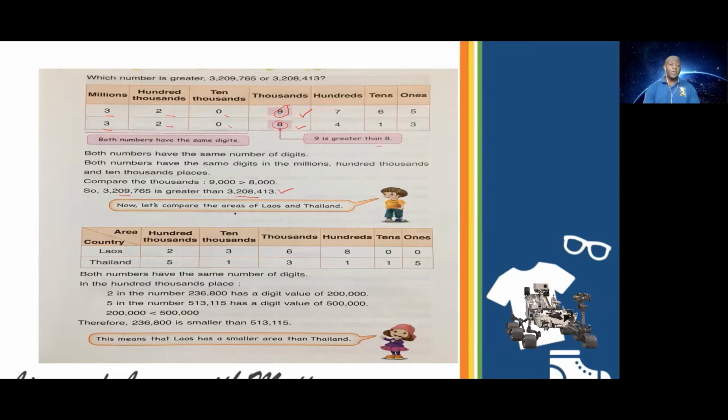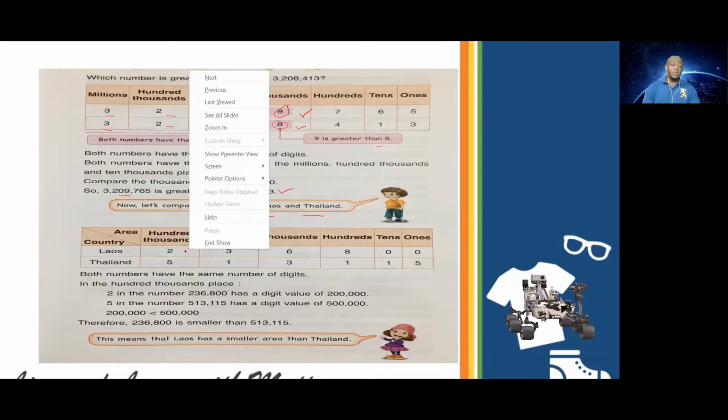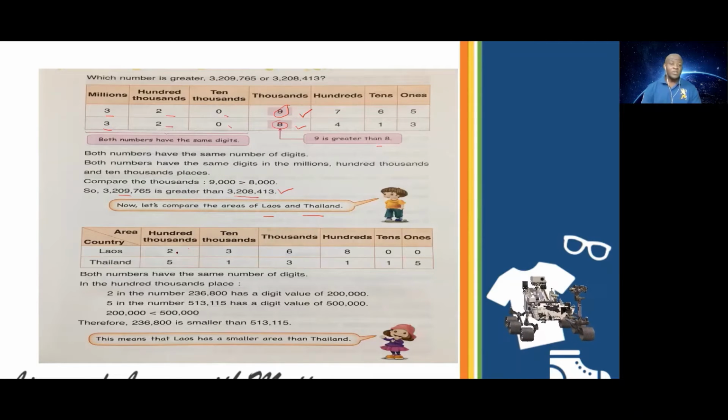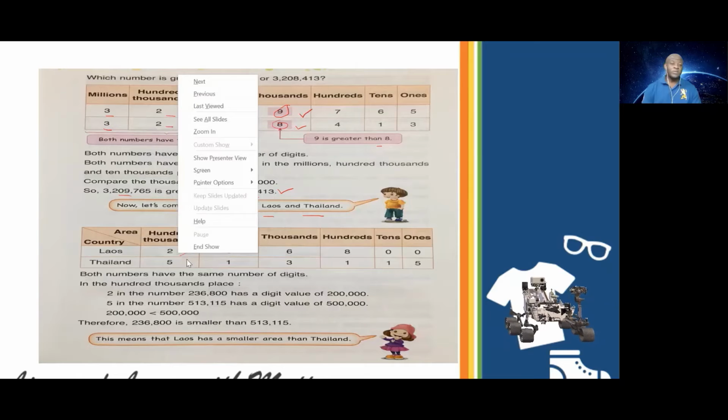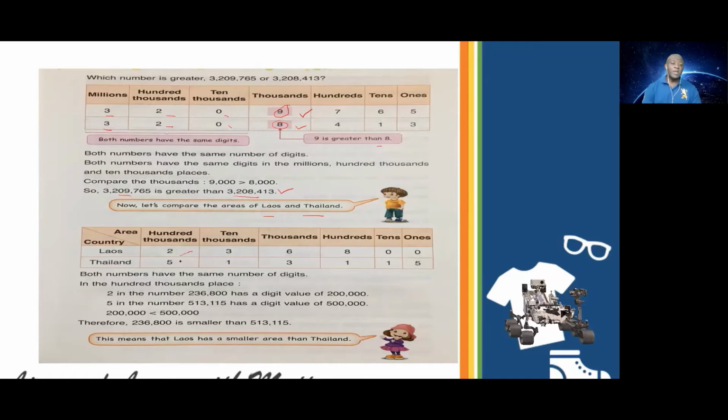Now let's compare the areas of Laos and Thailand. Let's put both numbers in the place value table. We have 100,000. Laos has 200,000. Thailand has 500,000.